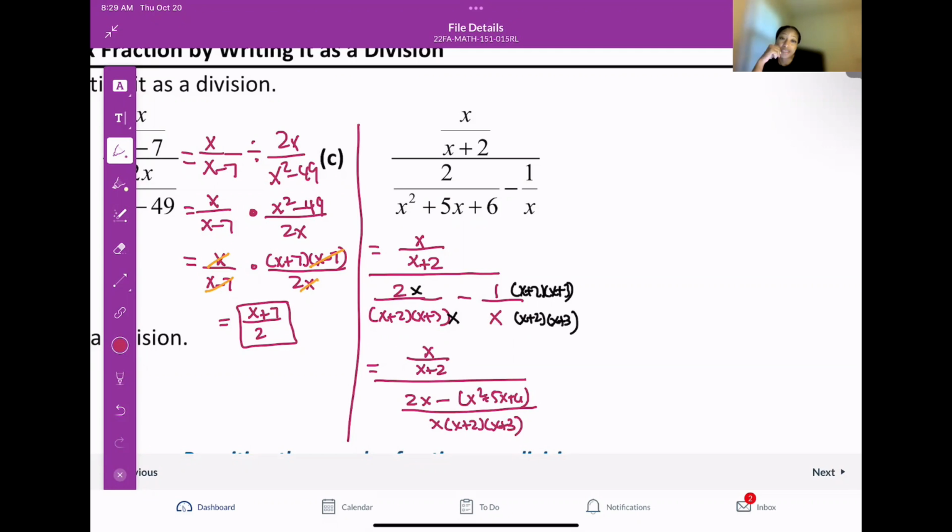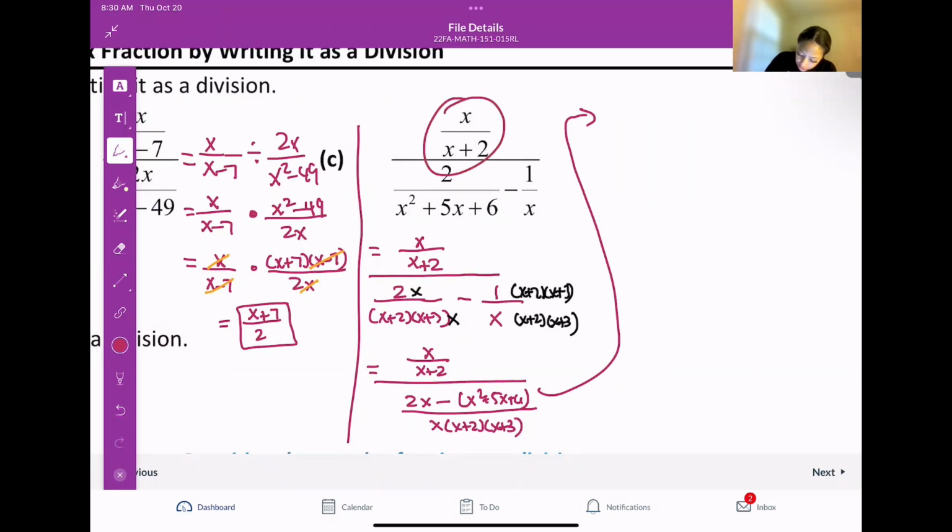All right, we're almost there, guys. One last thing before we can actually rewrite this. To simplify what we have here, in this numerator, still staying the same, we haven't changed anything with it.